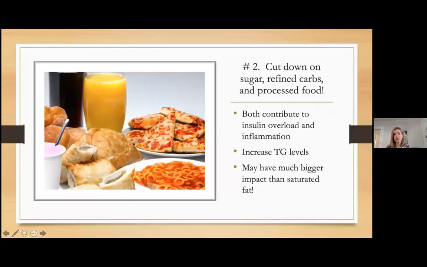Number two would be to cut down on sugar, refined carbs, and processed foods. I'm sorry to be the fun sponge here, but these types of foods have little to no phytonutrients. You could argue that the orange juice would have some phytonutrients, but it doesn't come along with any of the fiber.